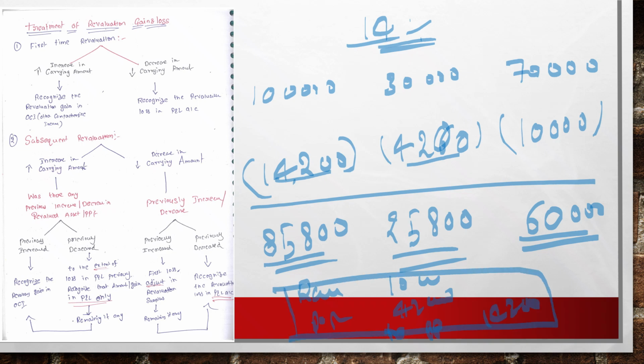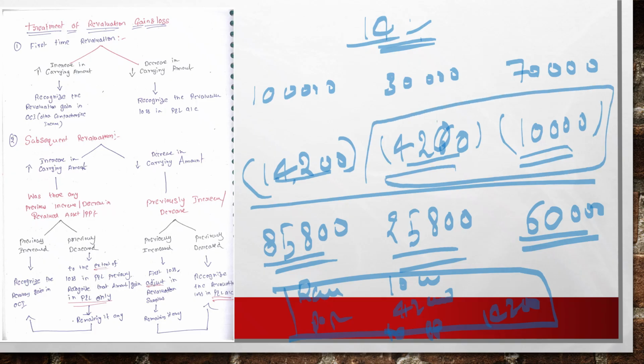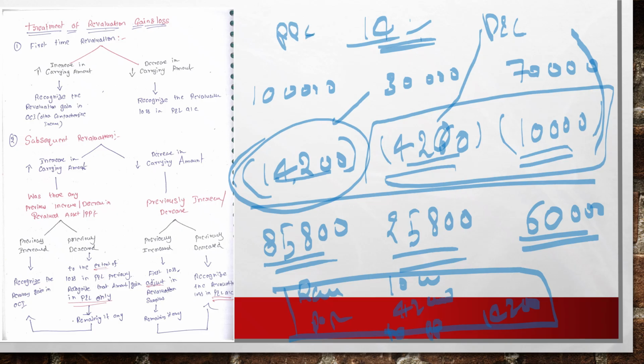The revaluation loss and accumulated depreciation are on the debit side, because the loss goes to P&L and this is a reduction in your accumulated depreciation. And PPE is on the credit side because the PPE is reducing.